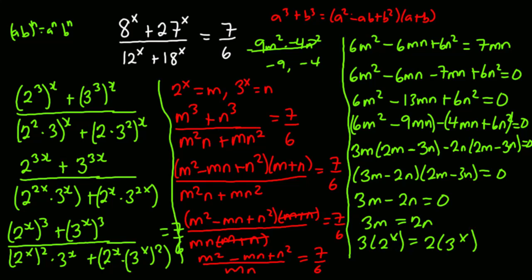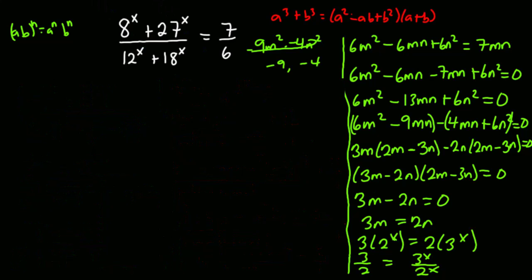If we arrange this equation, we are going to get 3 on 2 is equal to 3 exponent x divided by 2 exponent x.